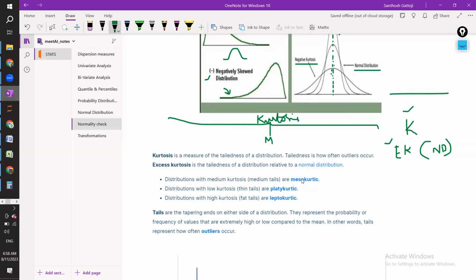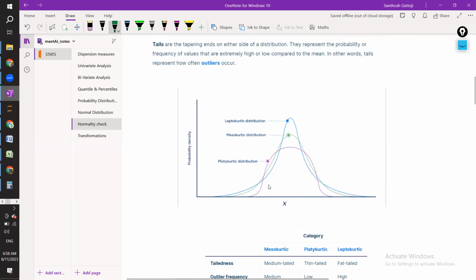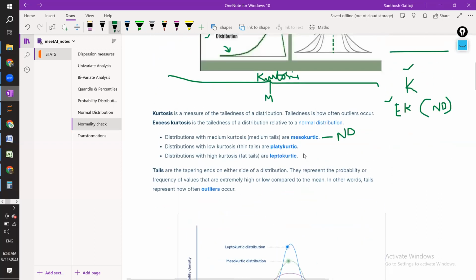Now, this will come under the normal distribution. Normal distributions are an example for mesokurtic, that means they're having medium tails. Before that, see here.